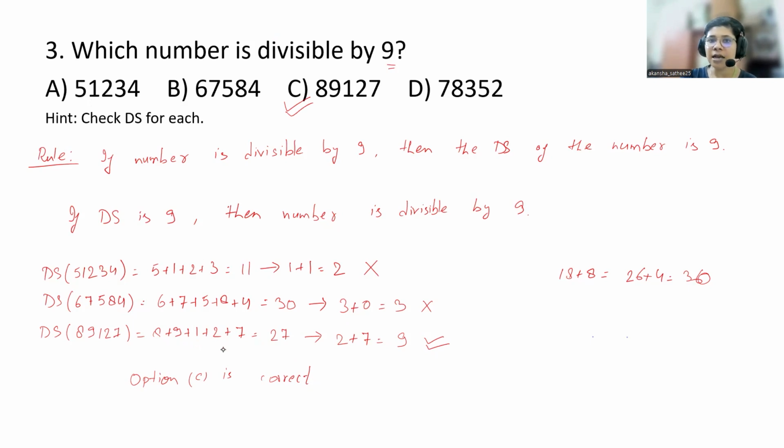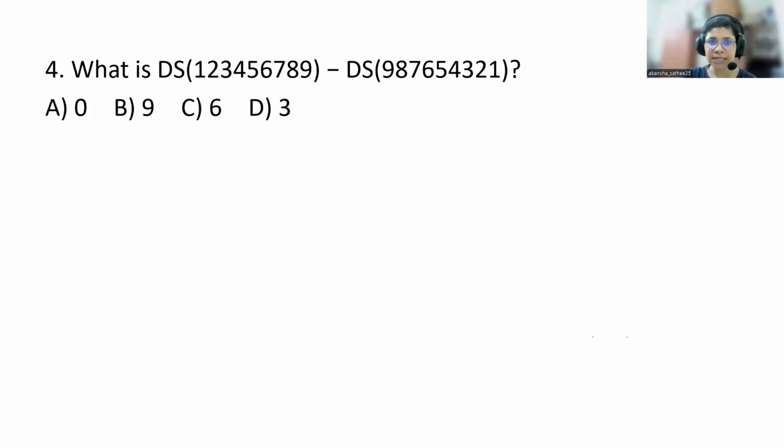So, am I clear how we have computed it? If you want to compute whether a big number is divisible by 9, you just compute the digit sum. If digit sum is equal to 9, that means number is divisible by 9. Okay? Next problem. What is digit sum of this minus digit sum of this?